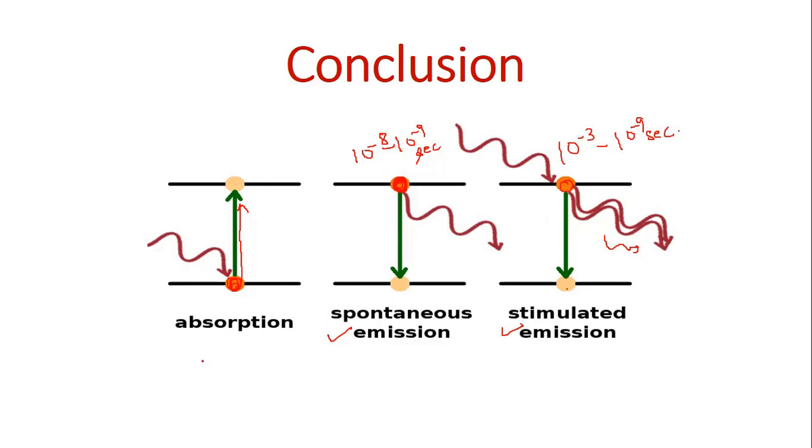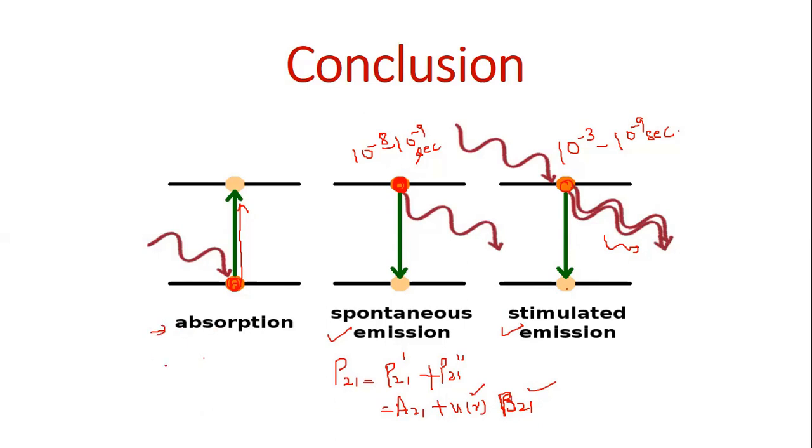So total emission, which is equal to spontaneous emission plus stimulated emission, is equal to A21 plus U nu B21. And what is B21? B21 is Einstein's coefficient of stimulated emission, and U nu is the energy density of that photon.